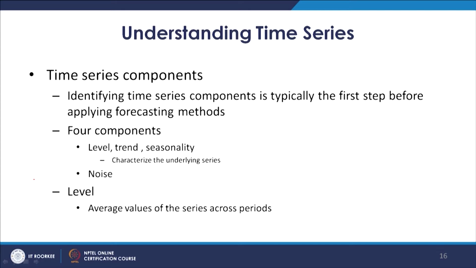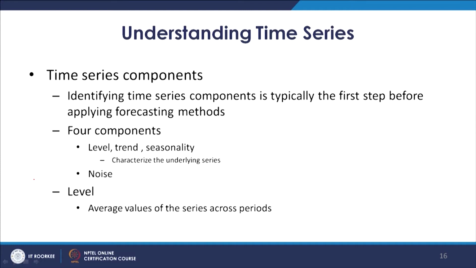We talked about the time series components, and as mentioned in this slide, this is probably the first step that one has to perform before we can move ahead and apply more formal techniques. So, identifying time series components is typically the first step before applying forecasting methods.